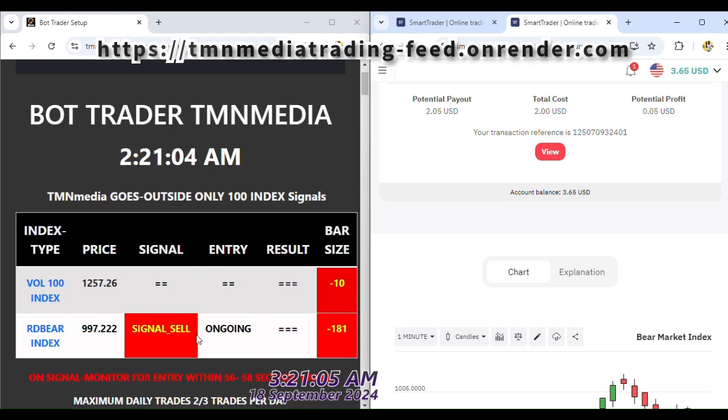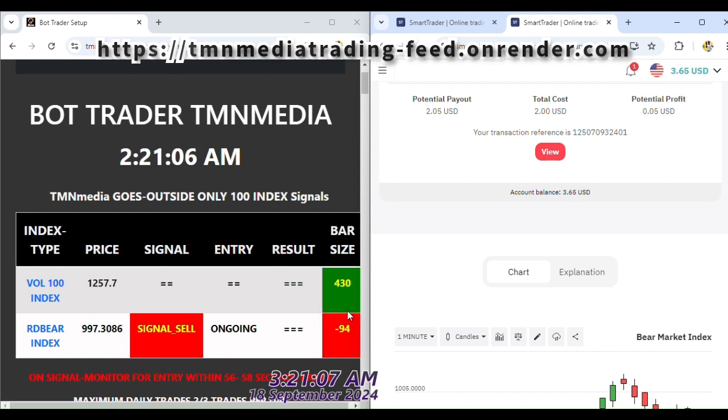I was actually waiting for signal on 100 so that I can get a bigger percentage. The red bear gives me 2.5%, which is very small, but I'm sure of the trade. It's better to be sure to get small than get nothing.